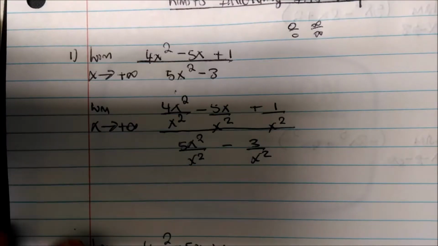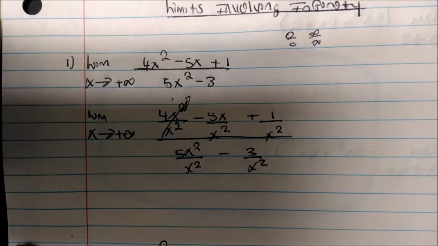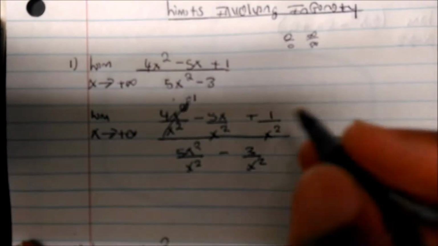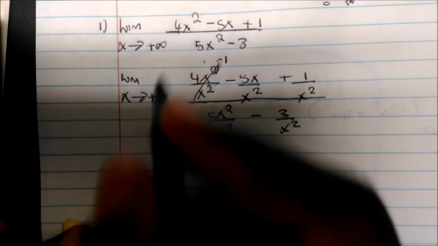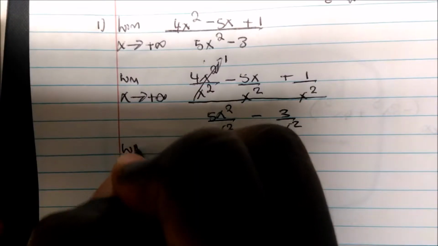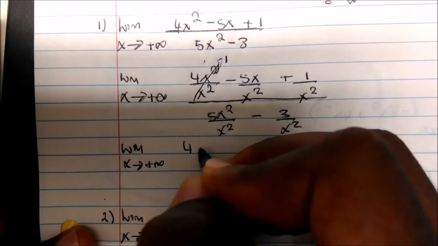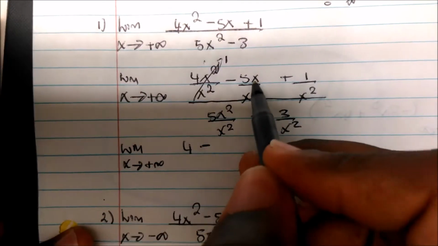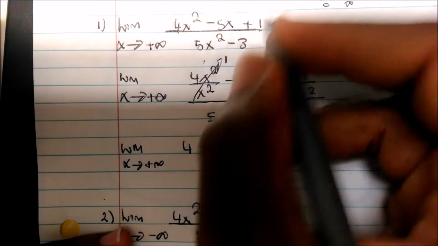Now all we have to do is just cancel. This is just 1, because x squared cancels out with x squared. So I'm just going to rewrite this as the limit as x approaches positive infinity of 4 minus, well, one of these x's is going to disappear, and this is just going to be an x.